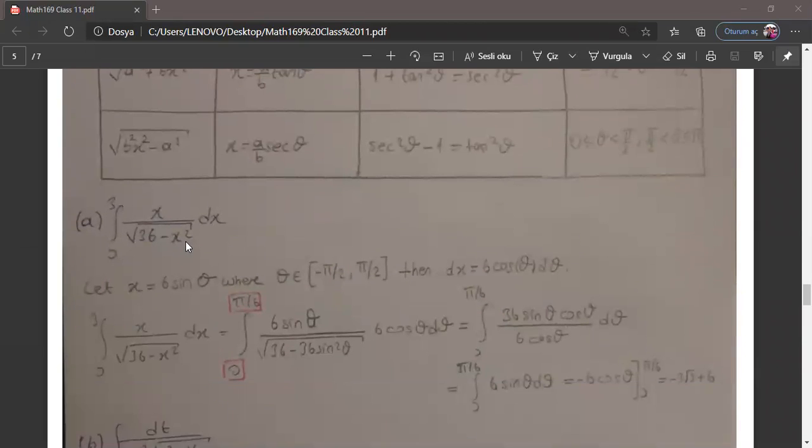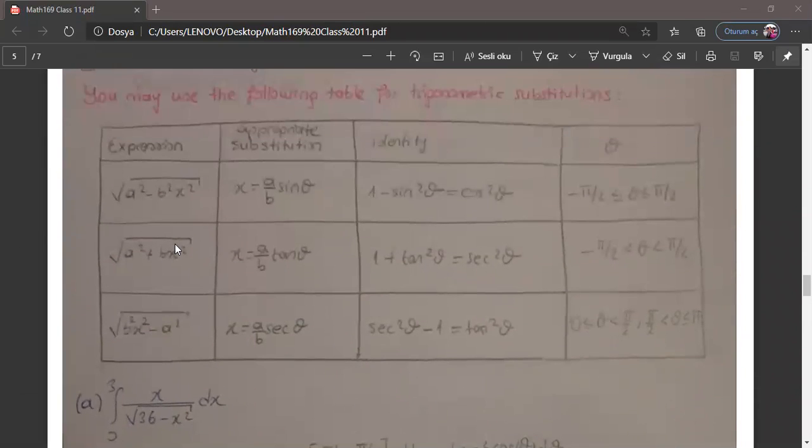We're given this integral. Notice that we have in the denominator the square root of 36 minus x squared. So it's of this form, right? Here a and b are constants. Here we have a equals 6, right?